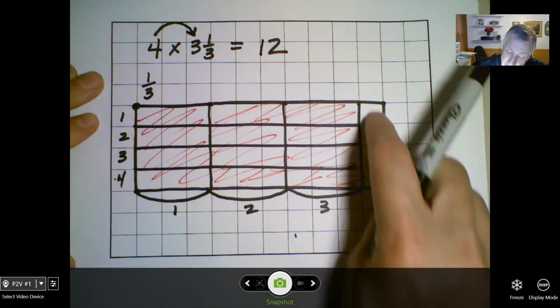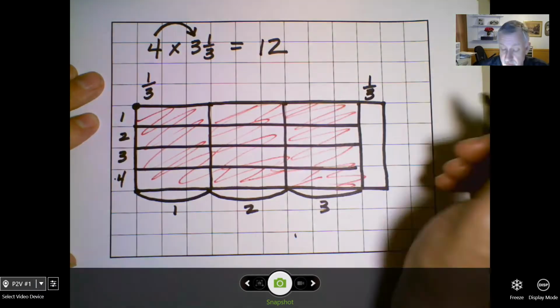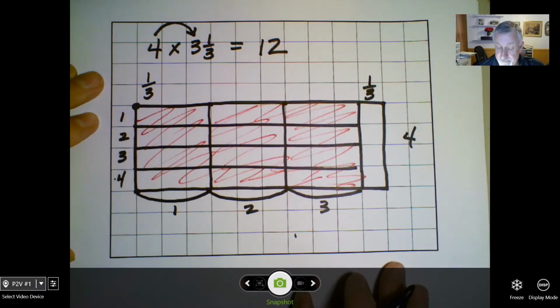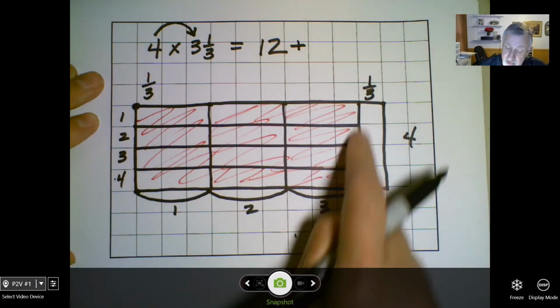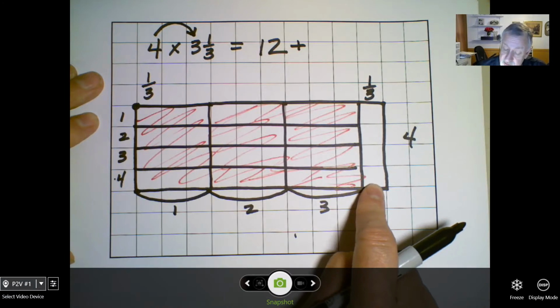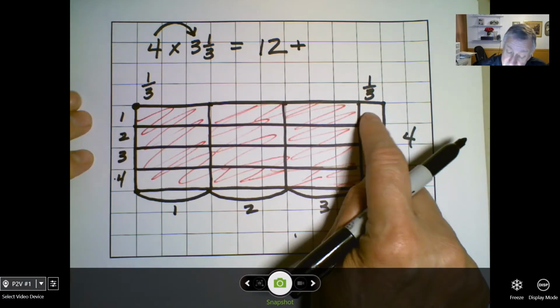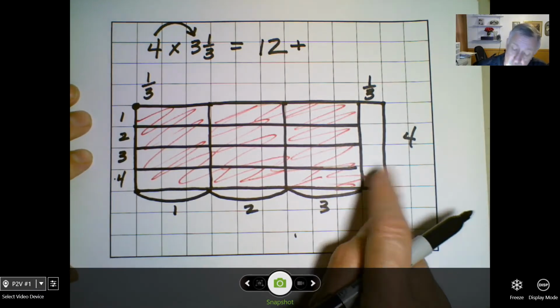Okay, because I've got this piece here, which is 1/3 by 4. So in addition to the 12 that I have, I have to add the missing piece. So I'm going to multiply that out. There's 1/3, or I can just look at it and count them. 1/3, 2/3, 3/3, 4/3.